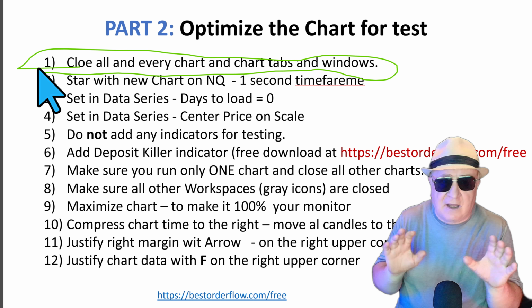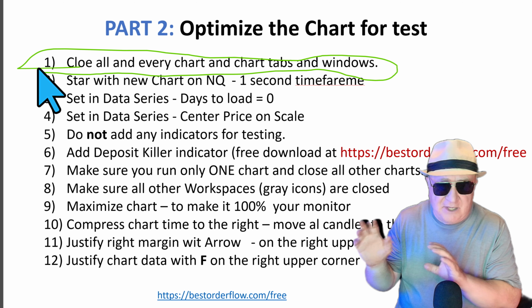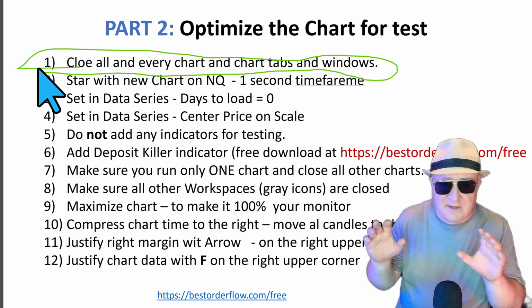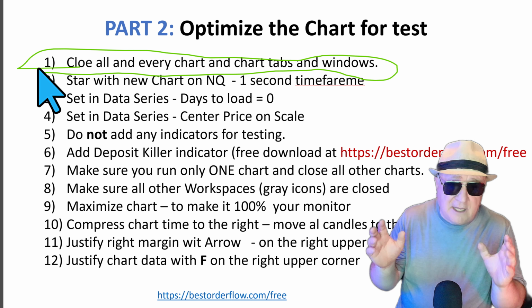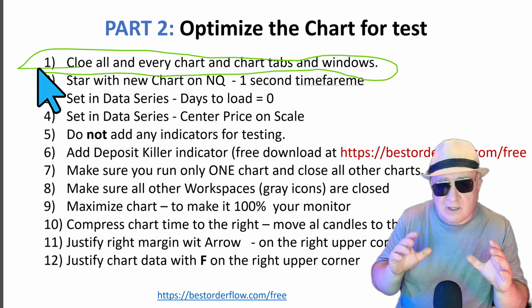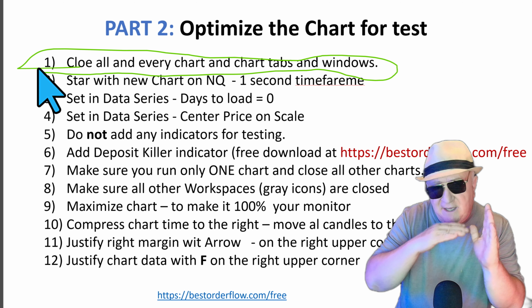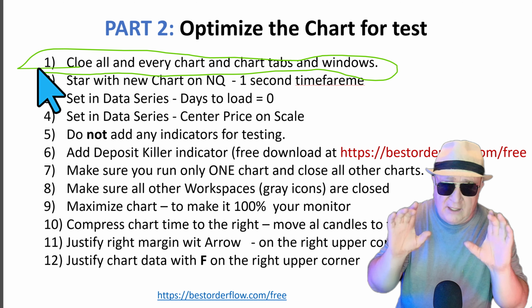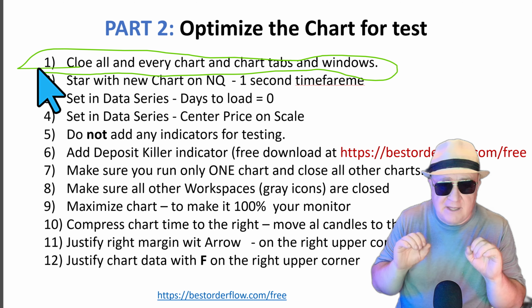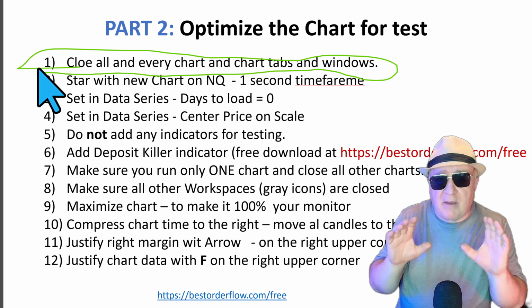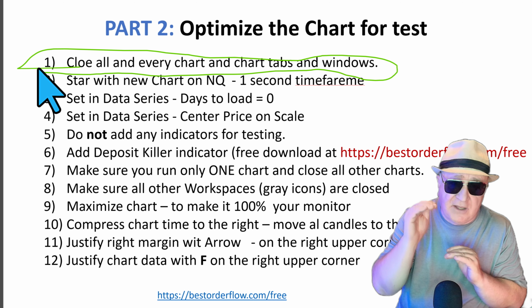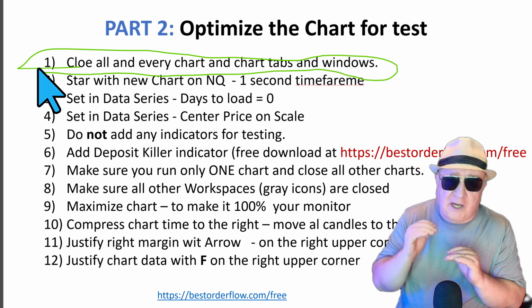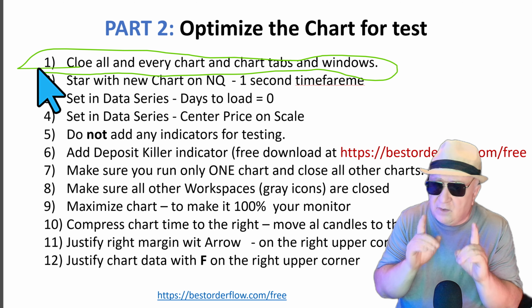Don't run tests on two indicators at the same time, or five indicators at the same time in different charts, unless you compose one chart with a set of indicators that you're actually using and you want to test them all at once. But the best recommendation, even after that, is to test each and every indicator one by one. So you will know exactly.